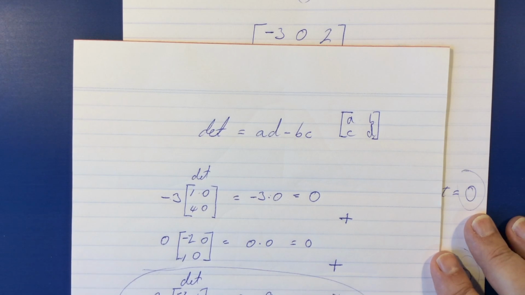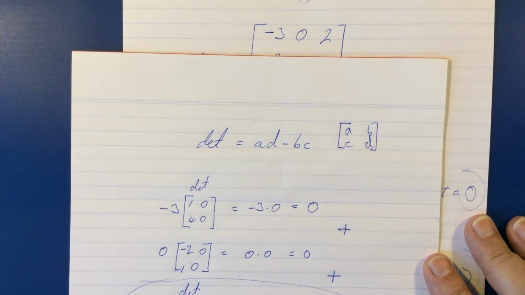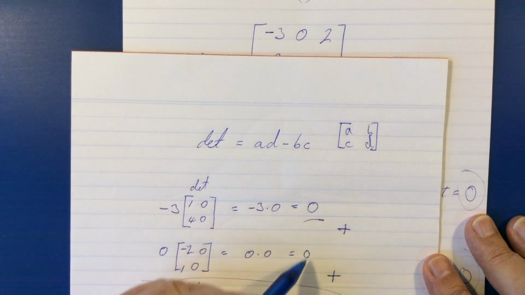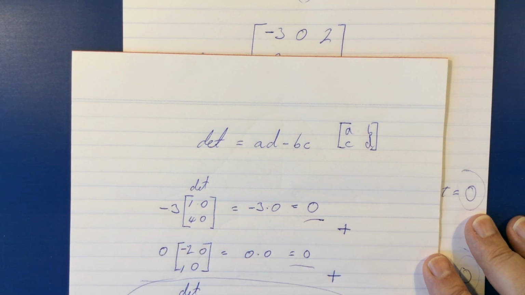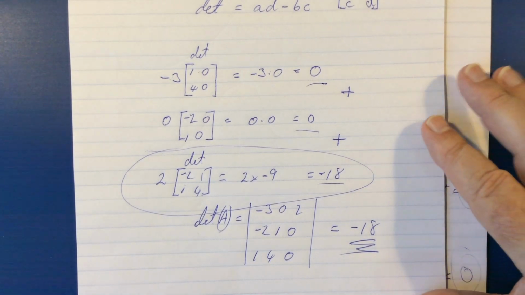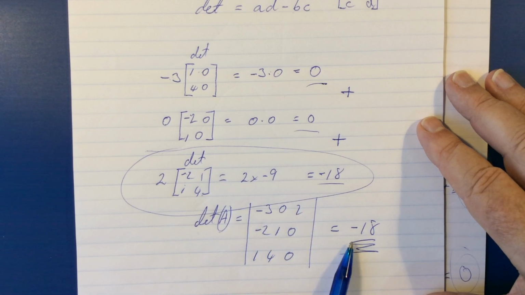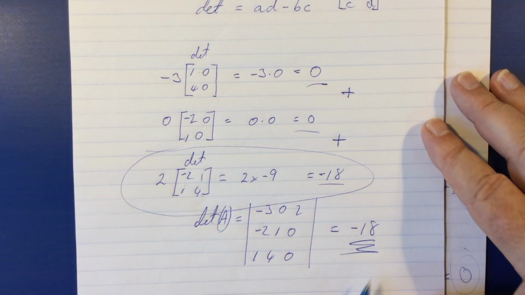Well, we've got the 2 from here, and we have the determinant of this matrix, which is -9. And so it is 2 times -9, giving us -18. Now we add that, and that, and what we discover is that the determinant of matrix A, this matrix here, is -18.